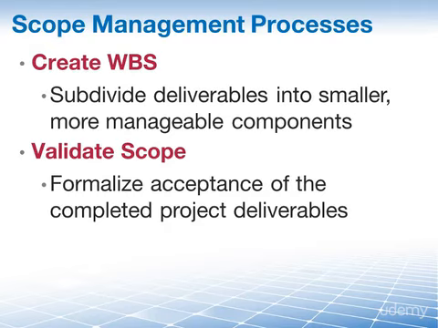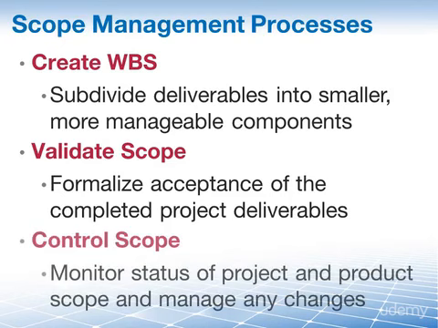This is where your customer says, yes, this is great, I like it, this is approved. And of course, as you may probably be aware, scope tends to change in a project. So we have to control scope, the process of monitoring the status of the project and product scope and managing changes to our scope baseline.